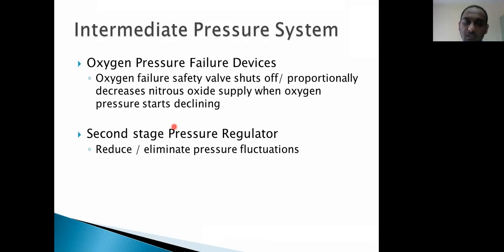So if oxygen pressure is decreased, the nitrous pressure is also going to be decreased, and hence the patient will not get a gas mixture in which nitrous is in excess of what the anesthesiologist intends to provide, and hence a hypoxic mixture is not provided.